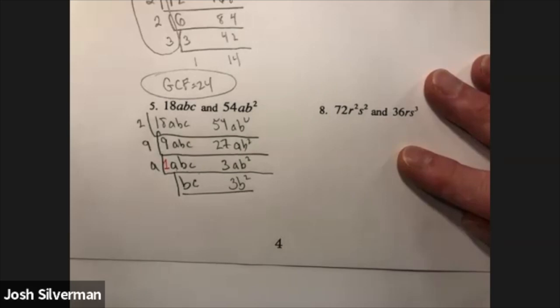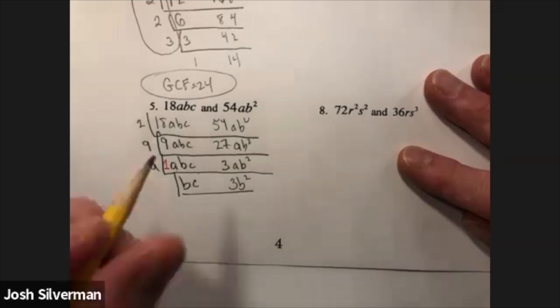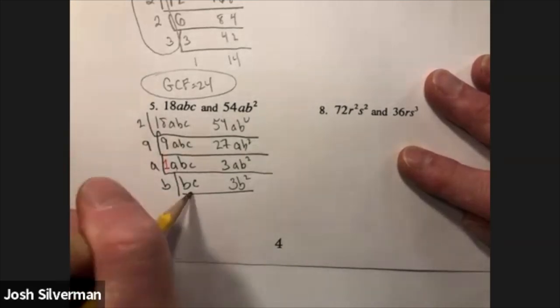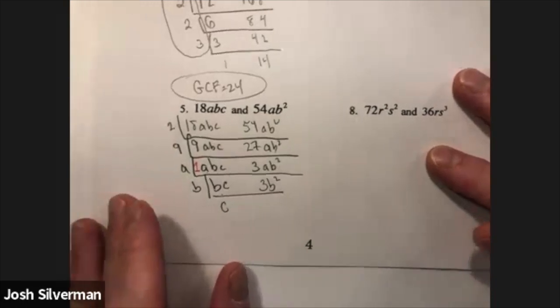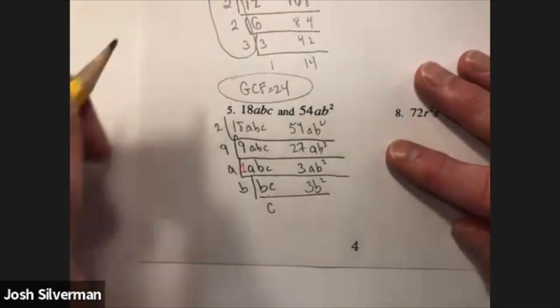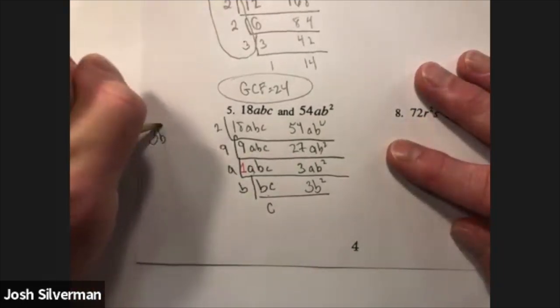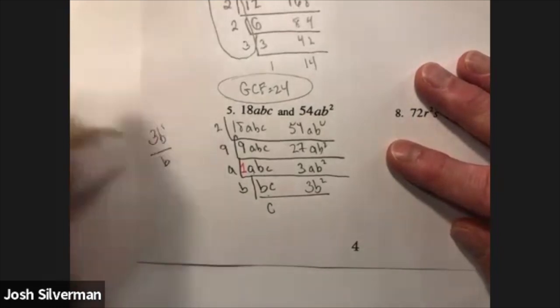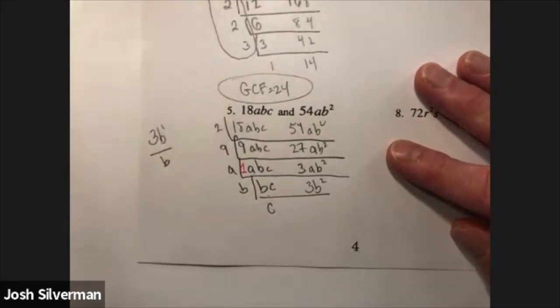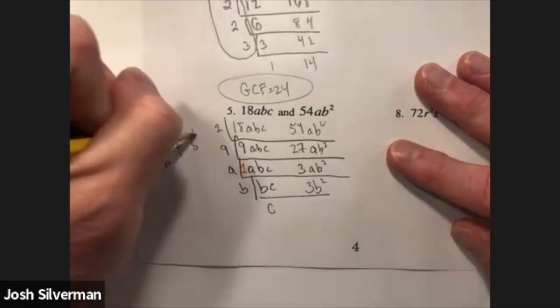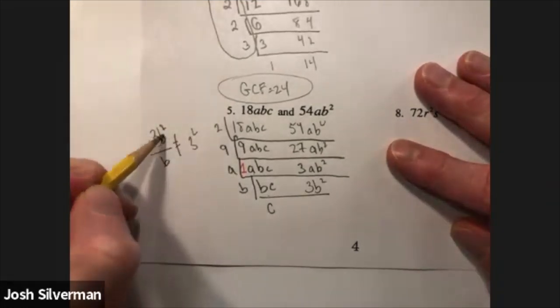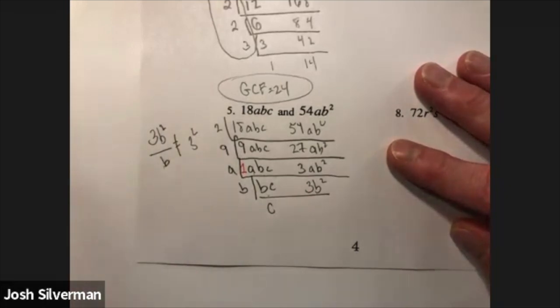They can both be divided by B. Now, if you do BC divided by B, that's going to leave just a C behind. Take a look at this over here, though. 3B squared divided by B does not equal 3 squared.